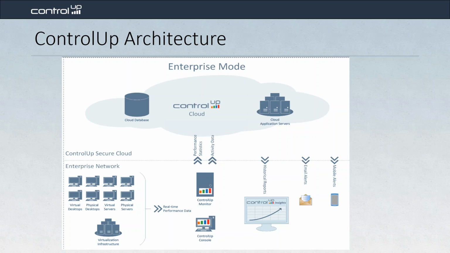Obviously, if you work with our cloud-based solution, deployment is super fast and easy. Not to say the on-prem solution isn't fast and easy as well, but you do need to install a server and a database. If you have any questions on the architecture, either type them now, or you can contact us later, and we can send you the documents and any details you need.